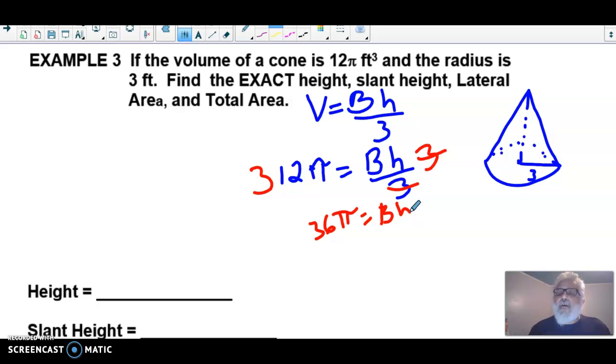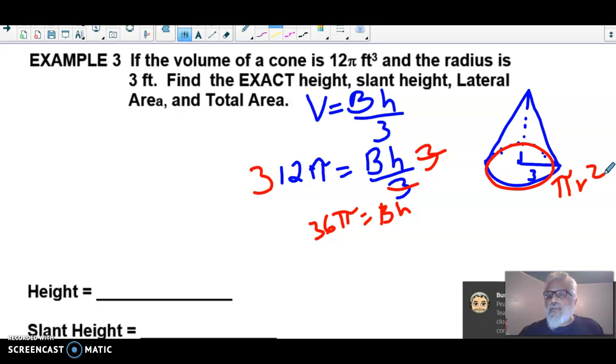So I have to figure out either the base or the height. And looking at my diagram, the only thing I could really find is the area of the base. Because I know the area of the base is a circle, and that is pi r squared. And I happen to know what r is.